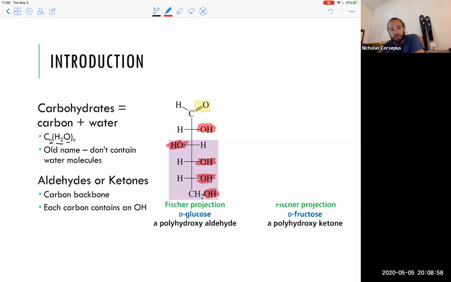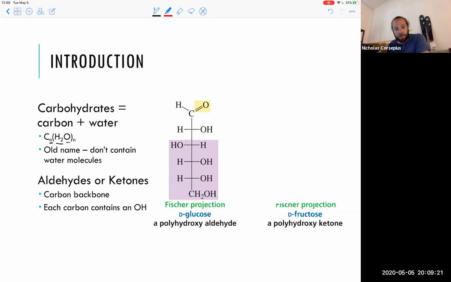So each one of these carbons is decorated with an alcohol group, except for one of them is a carbonyl carbon. Okay, but this is a common sort of formula that all these sugars will follow. Each of these carbons are bound to an oxygen either in the form of an alcohol, that's the normal one, or a carbonyl group.